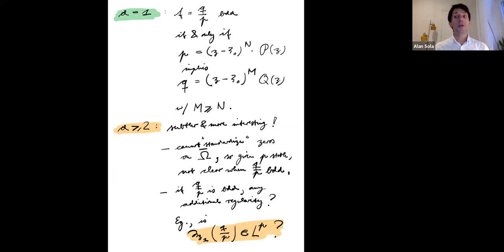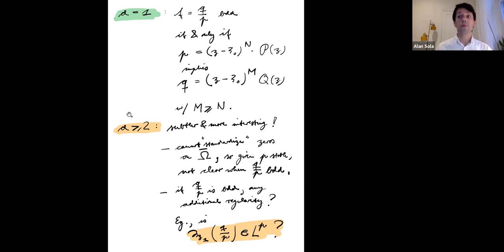Another thing that we'll discuss in the course of this talk is the following sort of higher order question. If you do have something of the form q divided by p, where q and p are polynomials and this function is bounded, does that entail any additional regularity other than boundedness?